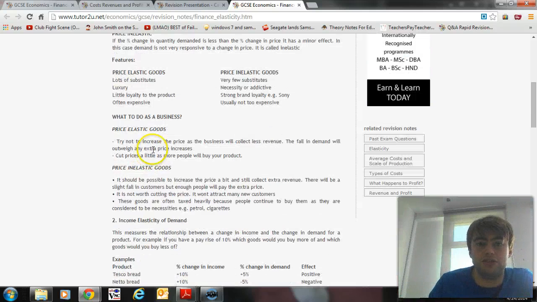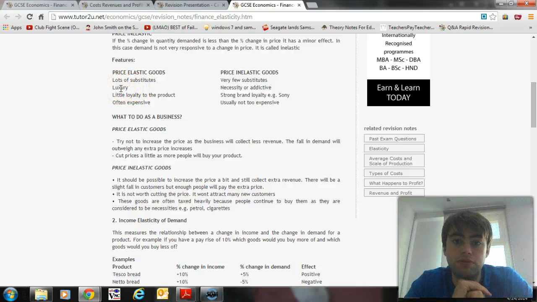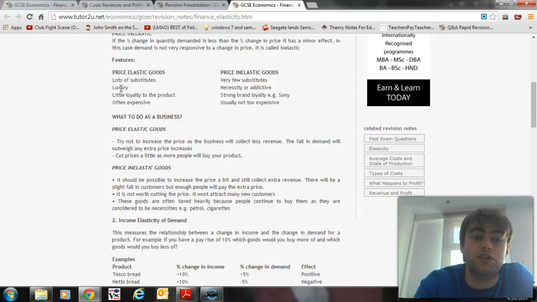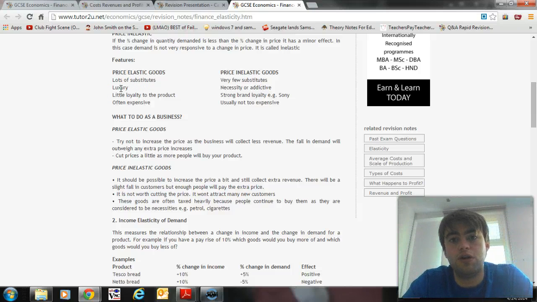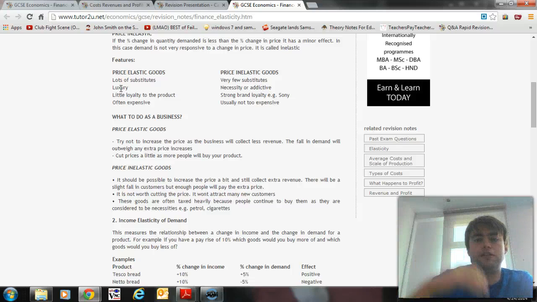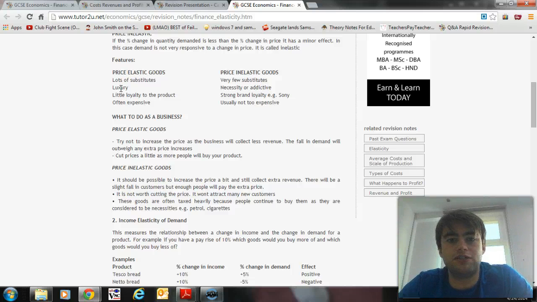So price elastic goods, price sensitive goods, usually have lots of substitutes for them. They can be luxury products, because perhaps you don't need them. Now, there's controversy there because you could argue that some luxury goods are actually relatively inelastic when it comes to price, because they're of such a high value anyway that the market they're targeting, the high-end income customers, might still demand them anyway.